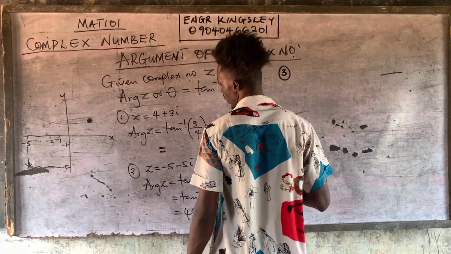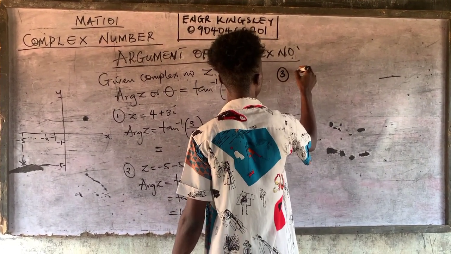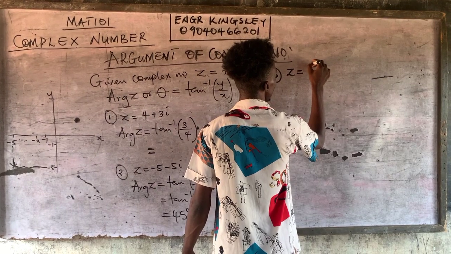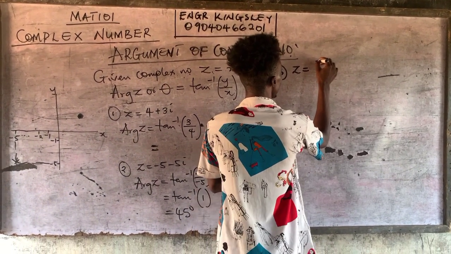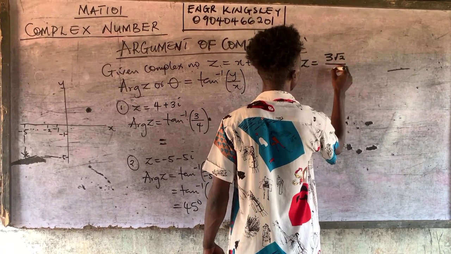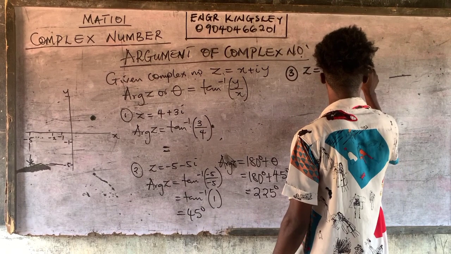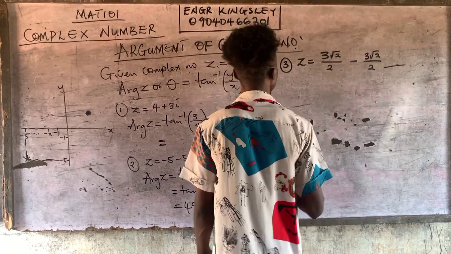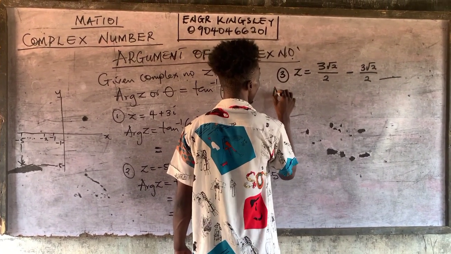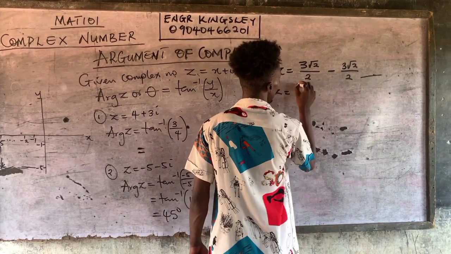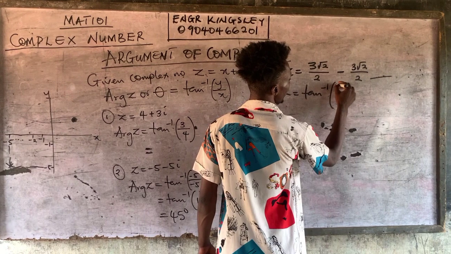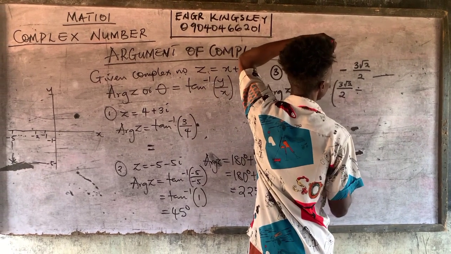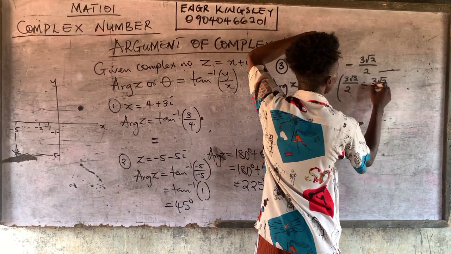Okay, let's take two more examples on the argument of a complex number. If you have something that looks like this, z equal to 3 root 2 all over 2, negative 3 root 2 all over 2, and you are asked to find the argument of this complex number, z will give me tan inverse of negative 3 root 2 all over 2 divided by 3 root 2 all over 2.